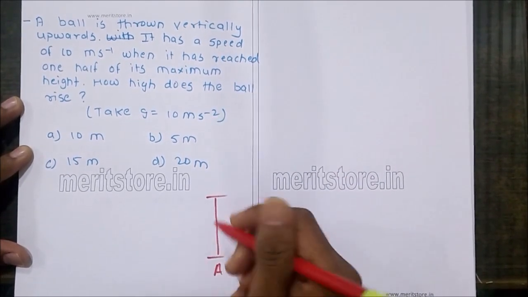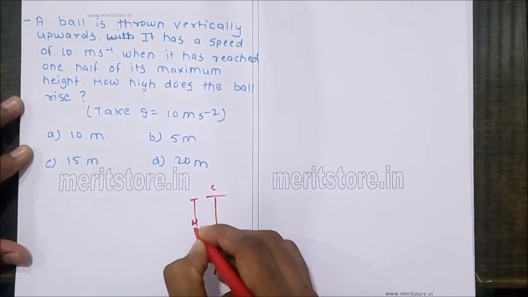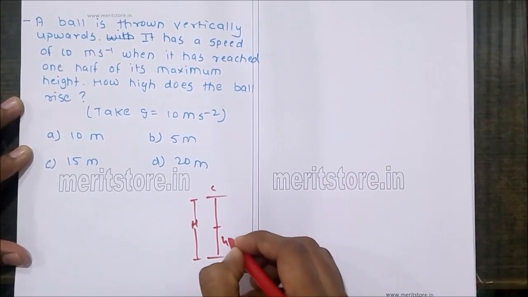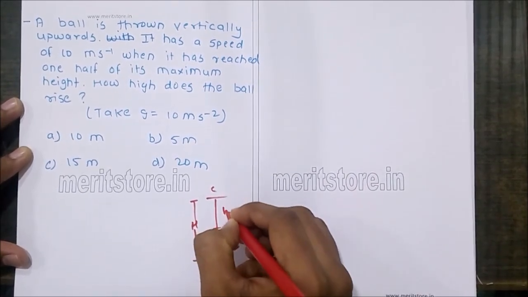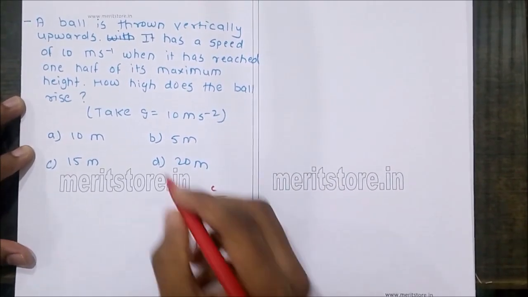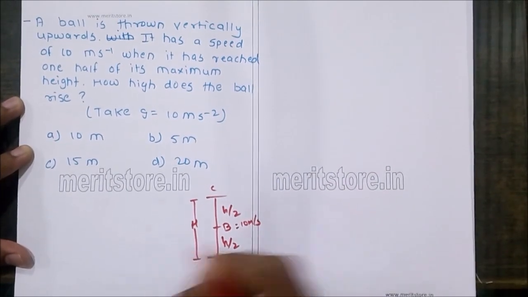The ball is projected from point A to C and the total height, let's say, is h. When it reaches half height, that is h by 2, it is at point B and it has a velocity of 10 meters per second.